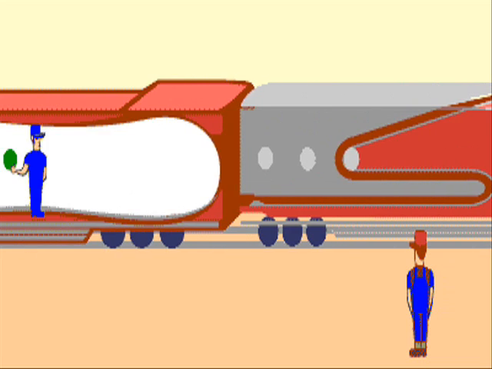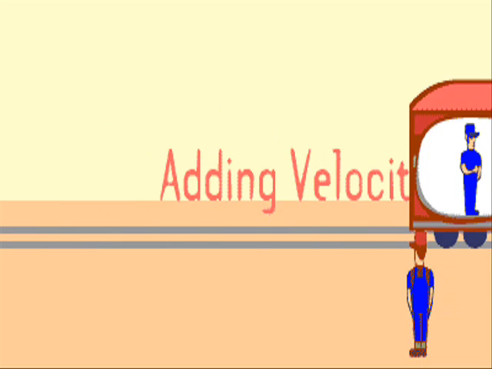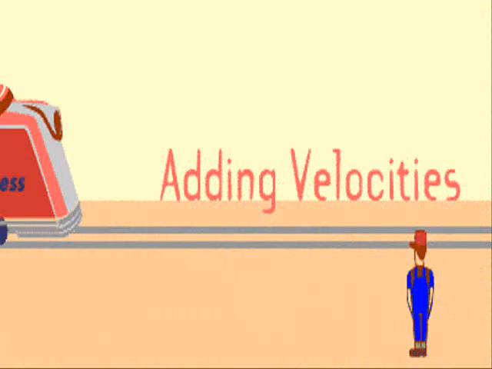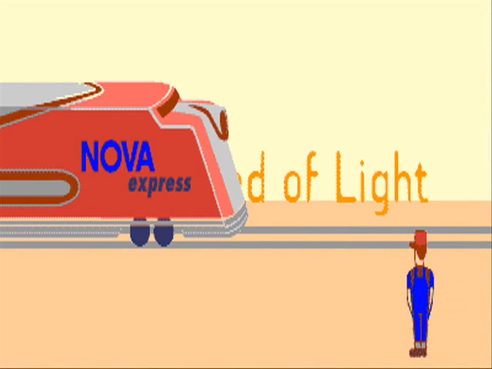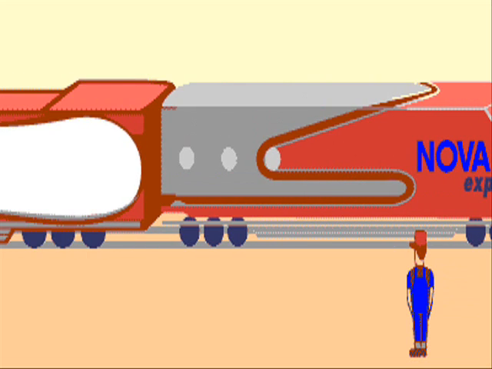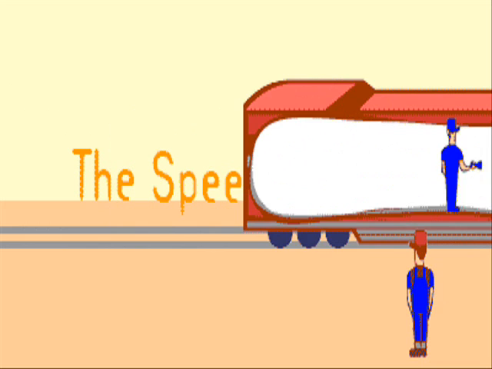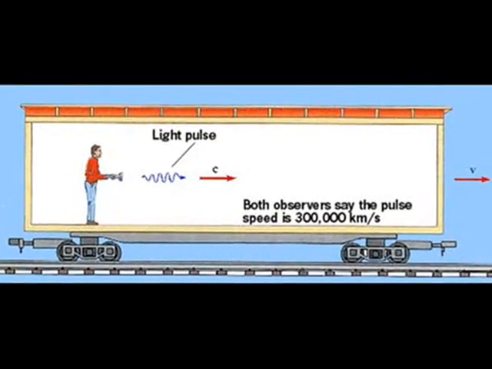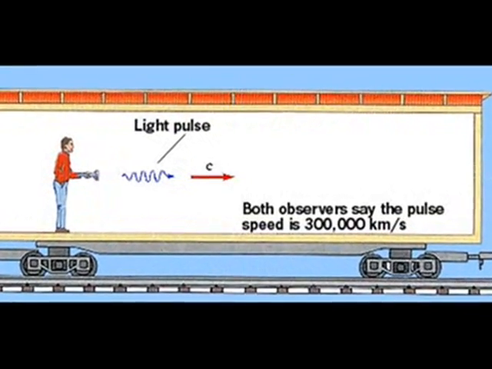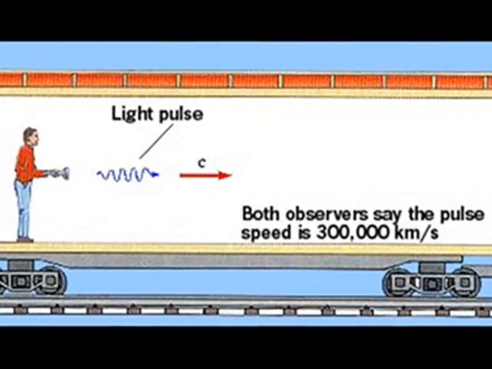But to the man on the train, the ball is only traveling at the speed relative to him. However, if the man aboard the train shines a flashlight, both he and the observer outside of the train would calculate the speed of the light to be exactly the same. The reason? Light travels at the maximum speed possible, the speed of light.